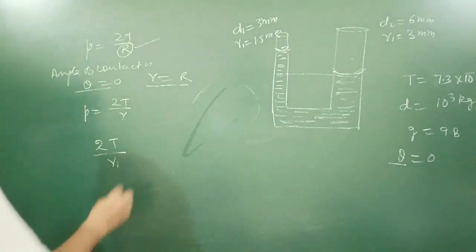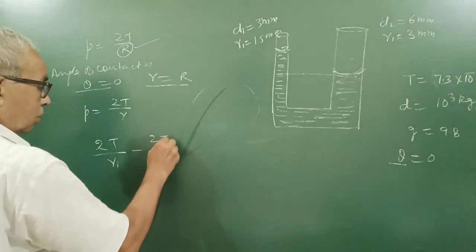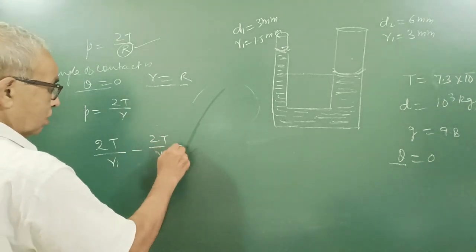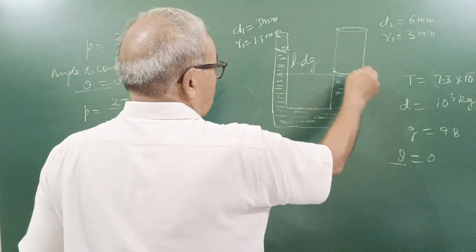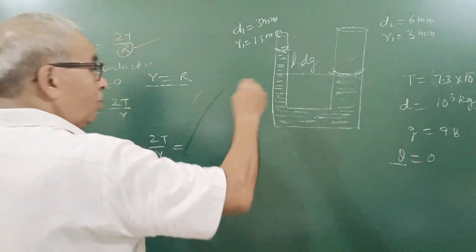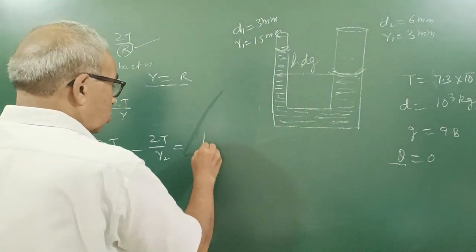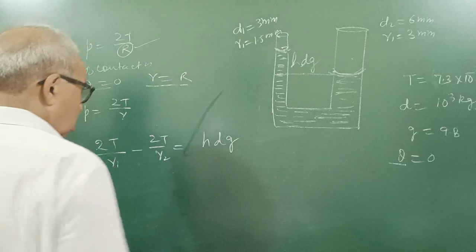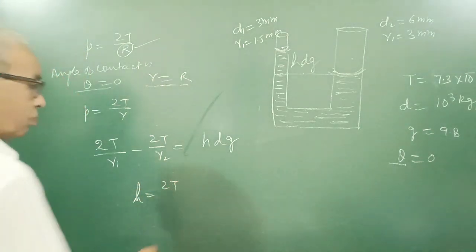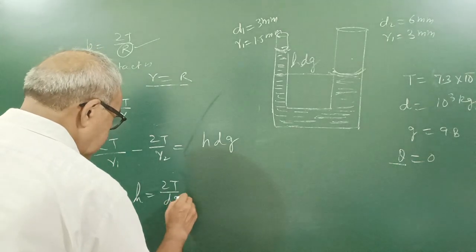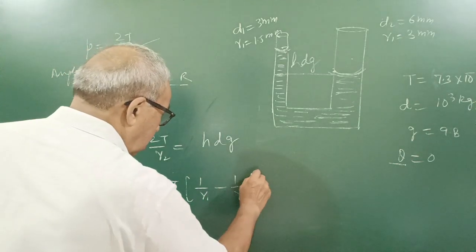So I can write here 2T upon R1 minus 2T upon R2 is equal to this difference in pressure, which equals the pressure of the water column, hdg. From here h is equal to 2T upon dg into 1 upon R1 minus 1 upon R2.